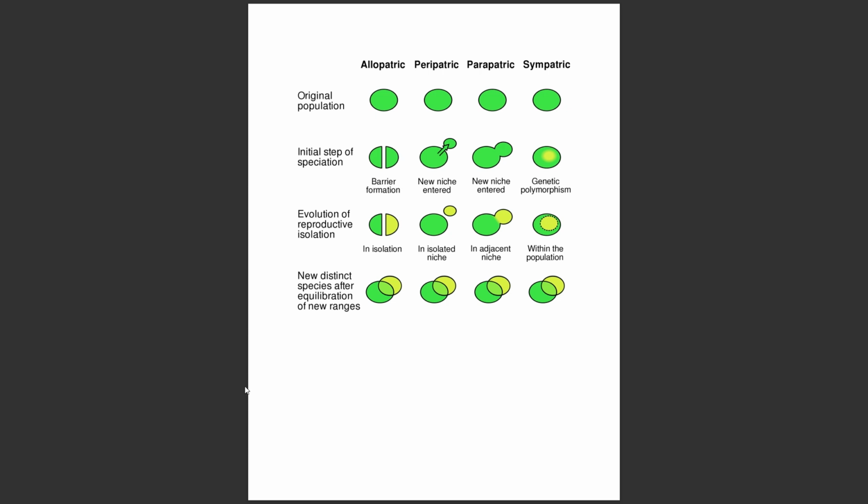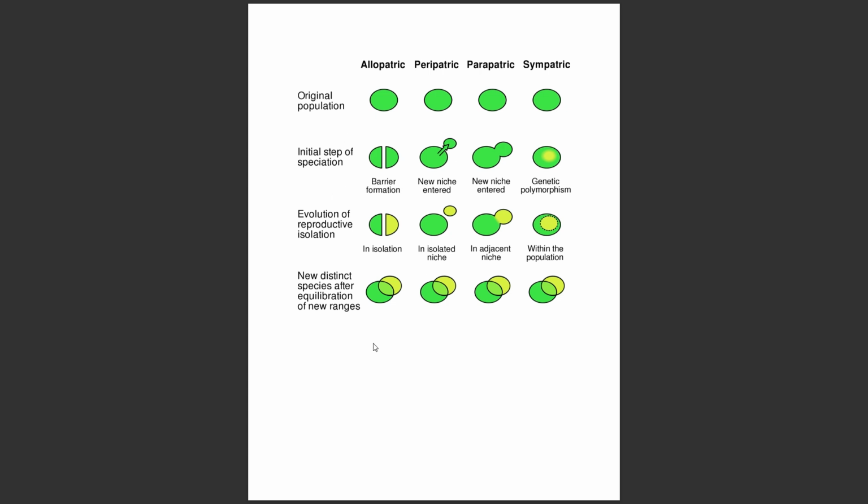And this is when there's a large geographical barrier that prevents the two parts of the population from exchanging genes. This causes them to build mutations within their respective parts and then make a new species. So, a common example of this is the Galapagos finches that Darwin discovered and studied.